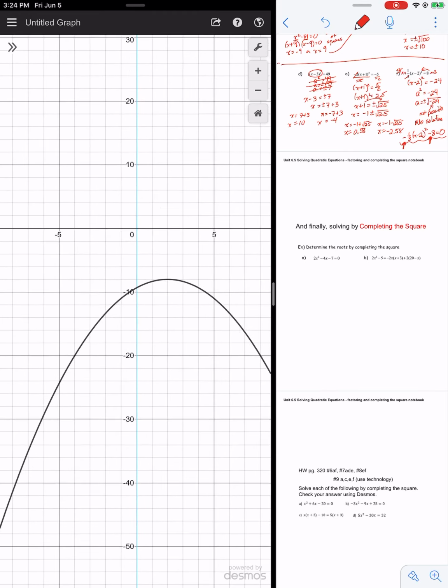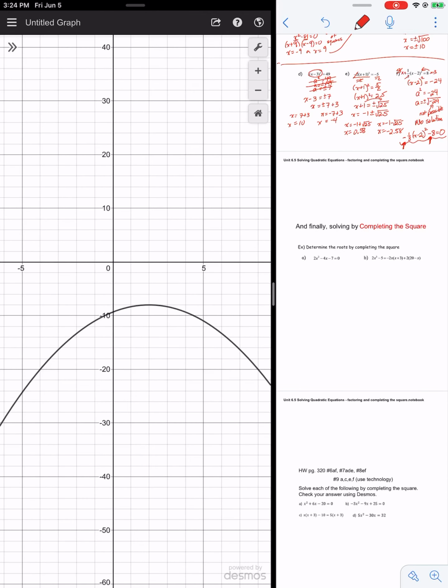Here's that parabola. It's opening down and its vertex is below the x-axis. The y-coordinate of the vertex is a negative value. It's opening down. This parabola is not crossing the x-axis.